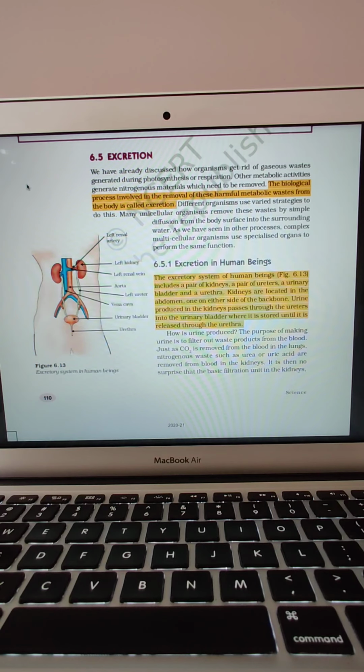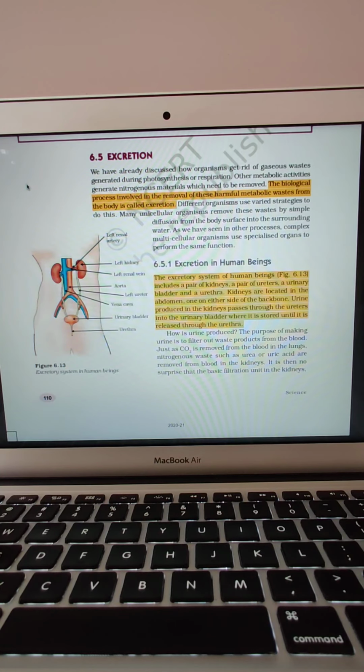The excretory system, which is composed of a pair of kidneys, a pair of ureters, and the urinary bladder, which opens up into the urethra. But if we talk about the different organs involved in excretion, it is not only our kidneys which are responsible for removal of waste, but along with the kidney there are many other organs which help in the process.